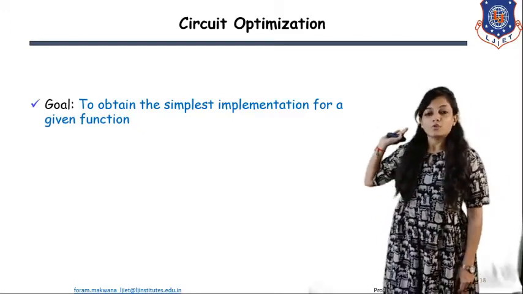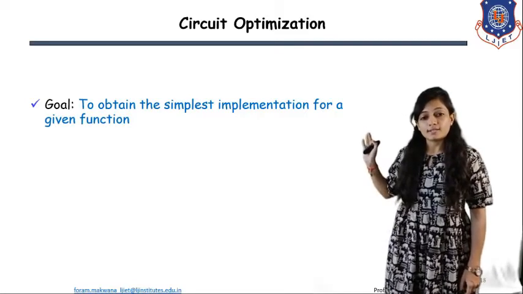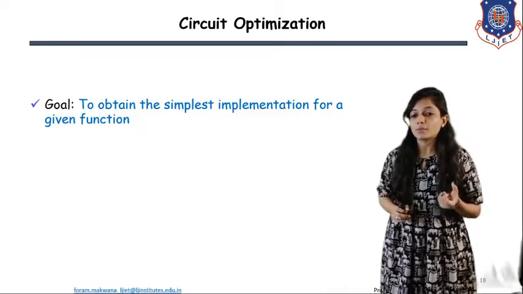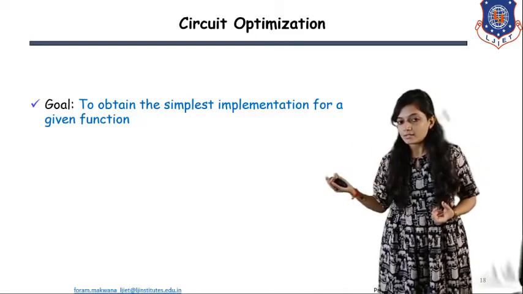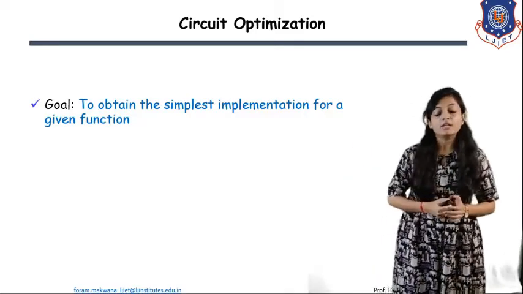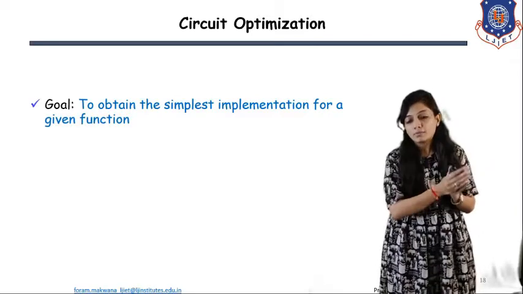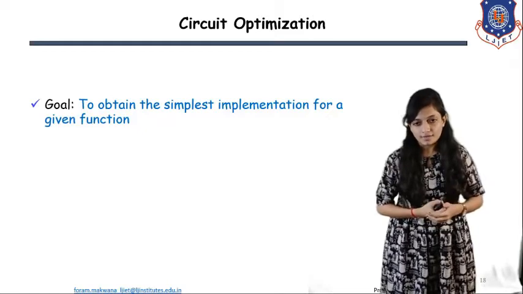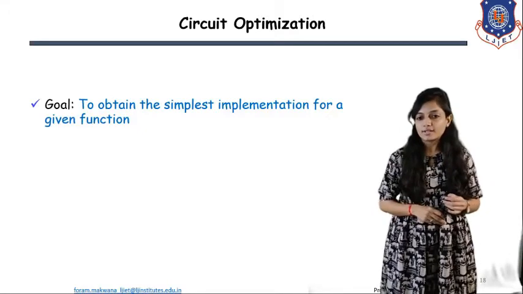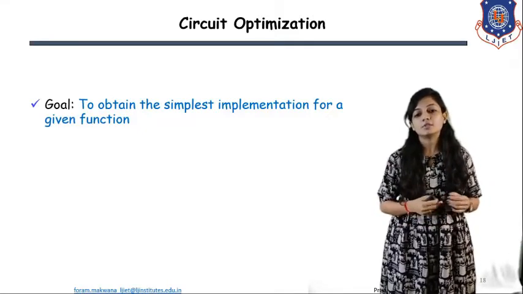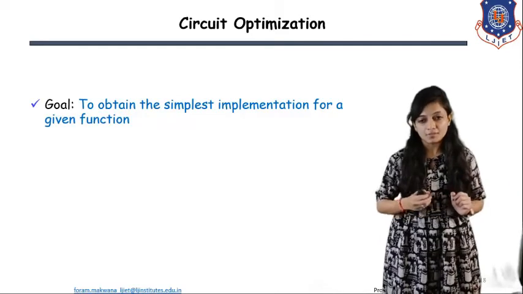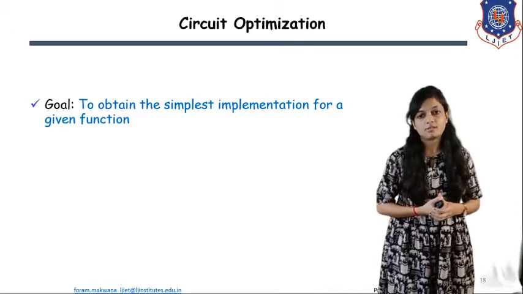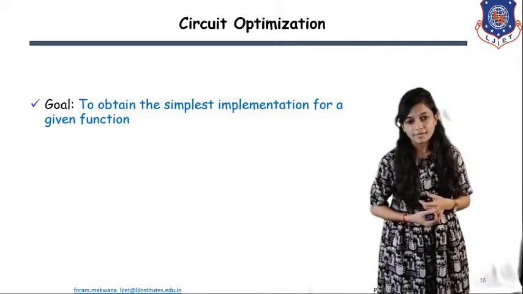So when we are going to optimize a circuit, that means we need to use only a minimum number of terms, either minterms or maxterms. With that minimum number of terms, we require fewer gates. As fewer gates are there, our circuit will be simpler, and its cost will also decrease. It is more cost effective, right?